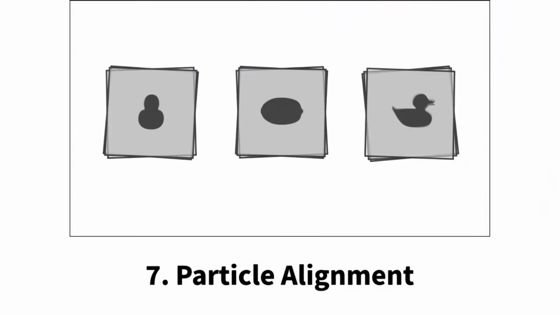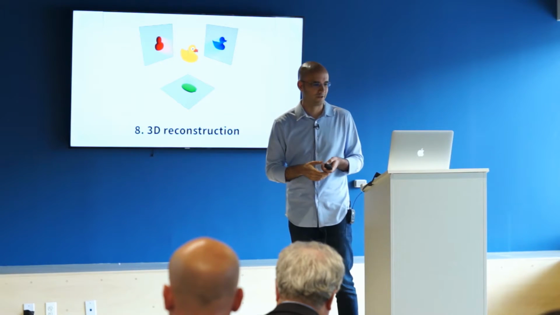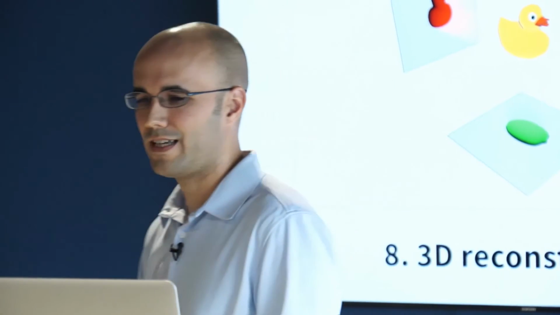We can computationally line these up to make class averages, and then once you have different angles, you can use those to back project to a 3D structure. And then you can refine and iterate this process in order to push the resolution of your structure. Okay, so that's the basic outline of the technique.